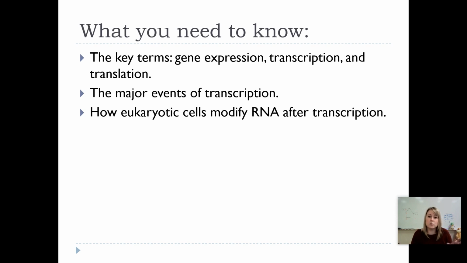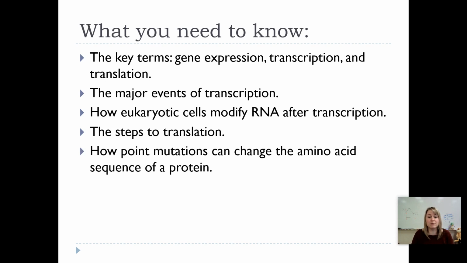The difference between eukaryotic cells and prokaryotic cells with regards to this process, the steps of translation, and how point mutations can change the final product, your protein product. In other words, if we change codons in the DNA or change nucleotides, how that will result in differences in amino acids or the final protein product.